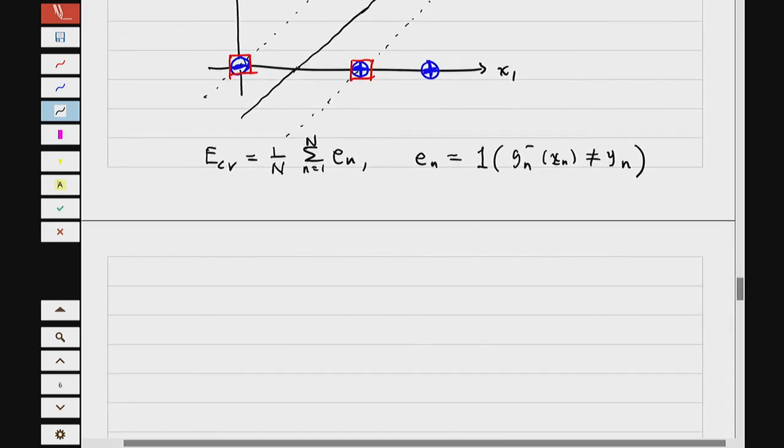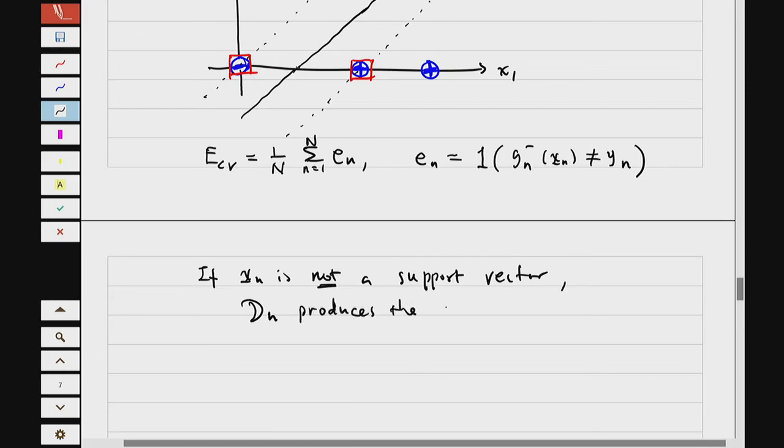So if Xn is not a support vector, we know that training over Dn will produce the same thing as D does.